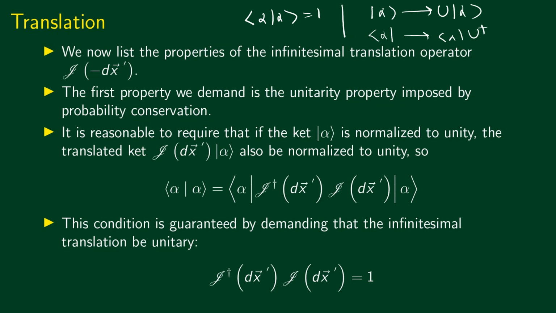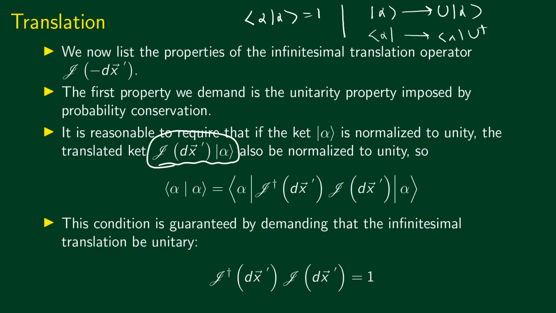So here, it is reasonable to require that if ket alpha is normalized to unity, the translated ket is also normalized to unity. This is exactly what we said here.